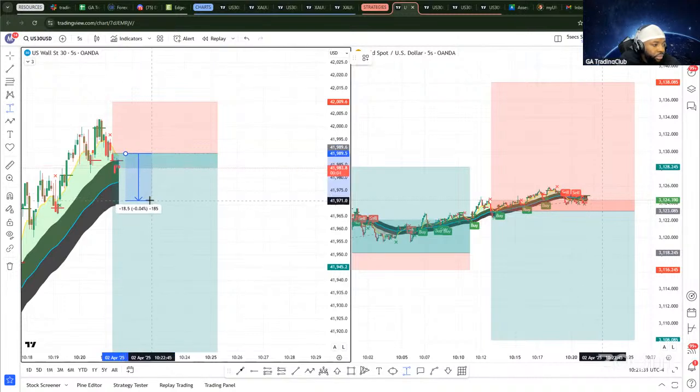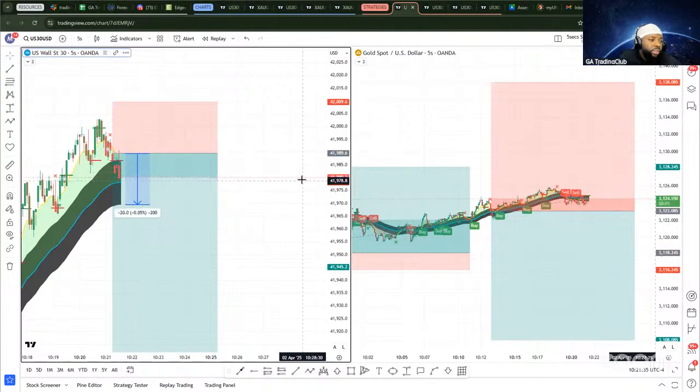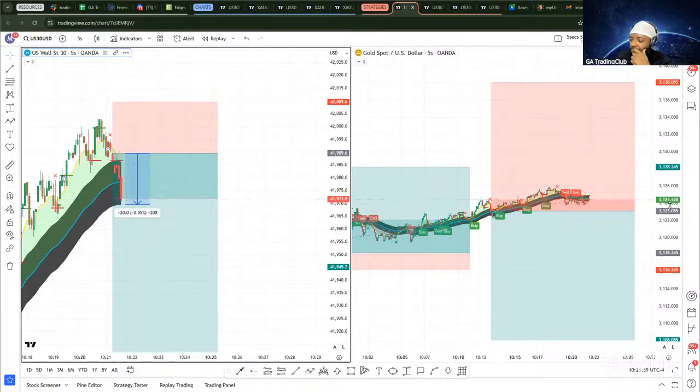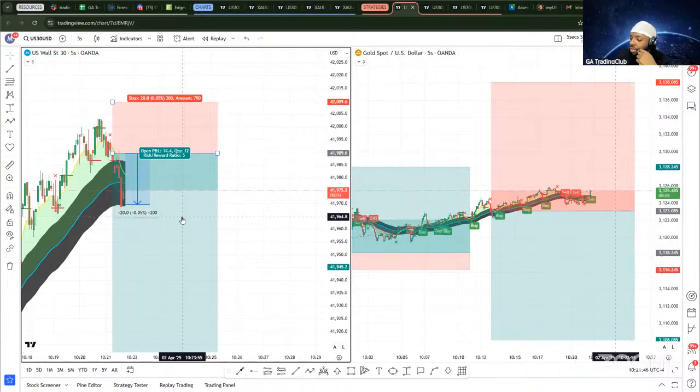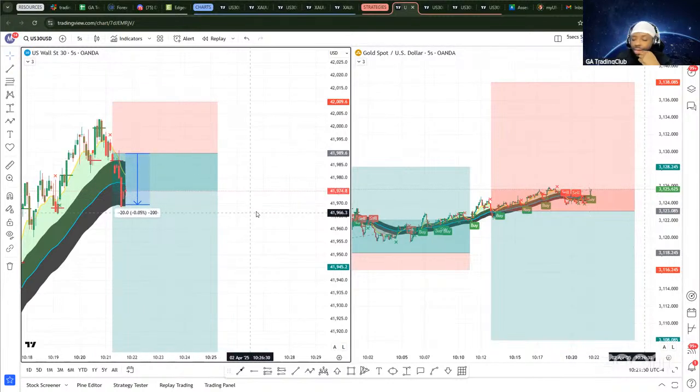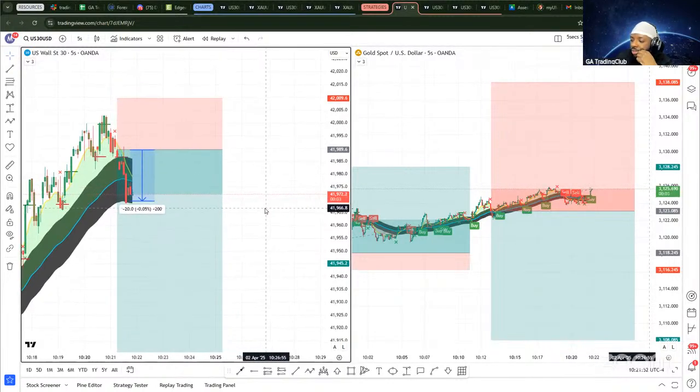So the 1:1 would be right there. So let's see. Okay, so it's already at a 1:1 risk to reward. Depending on slippage, I had some slippage on my end, so I am still running in.